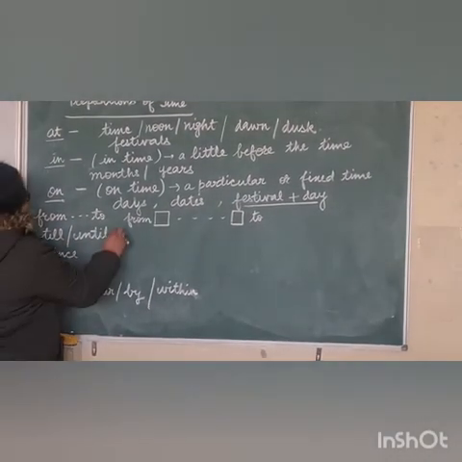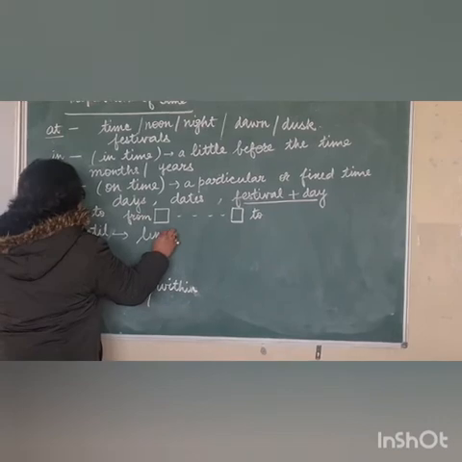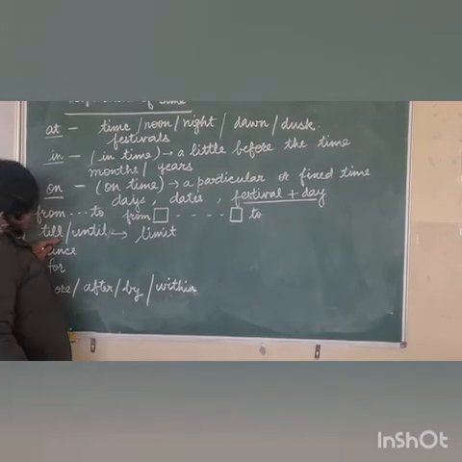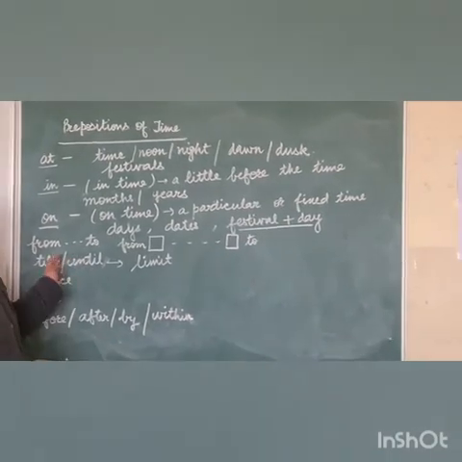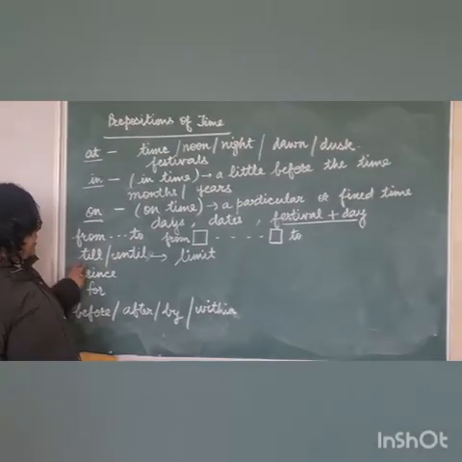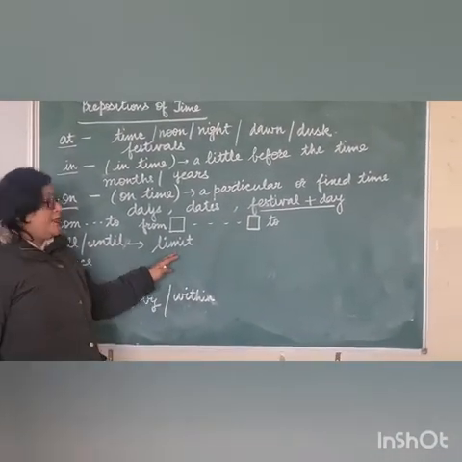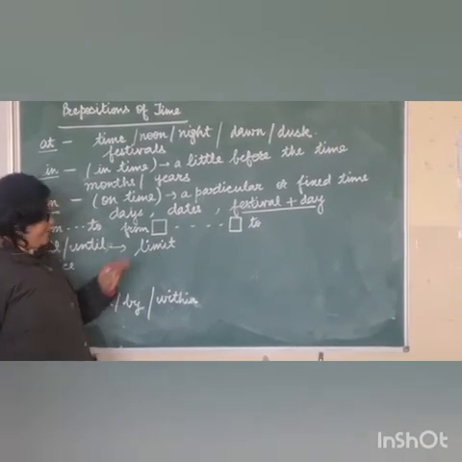This also shows the limit of the time. जब तक की and until is used for negative sentence. जब तक की इसका मीनिंग होता है जब तक की. Till the limit of the time.